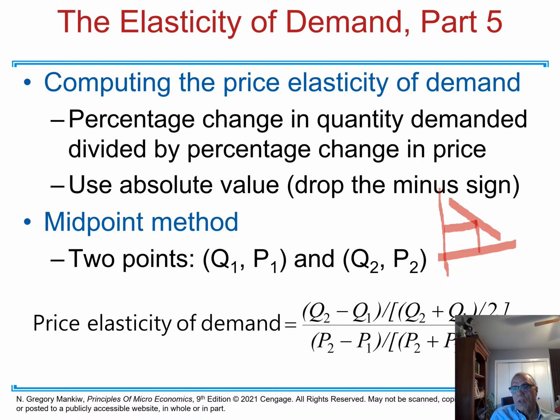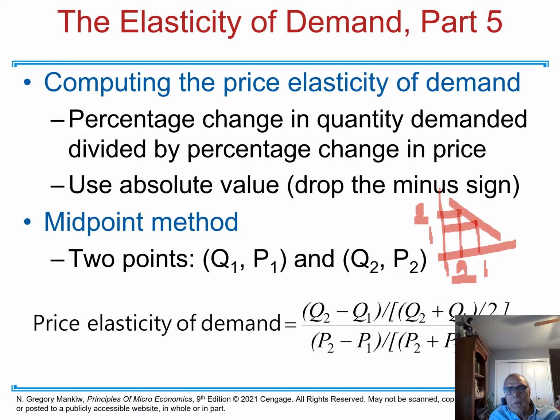At P1, you have Q1 quantity. If the price goes up to P2, let's say the quantity demanded will drop to Q2. Then you have 4 points here, okay? And you can plug them in here and calculate the price elasticity of demand using the midpoint.